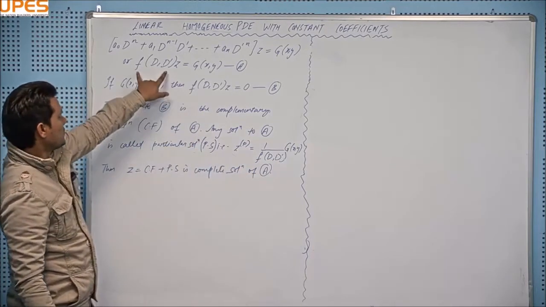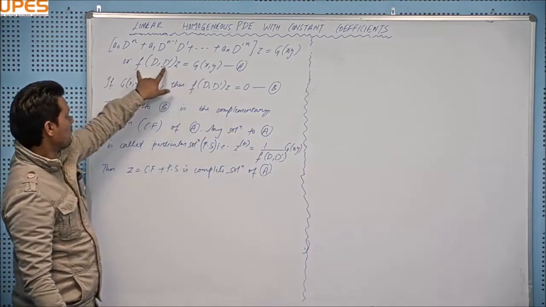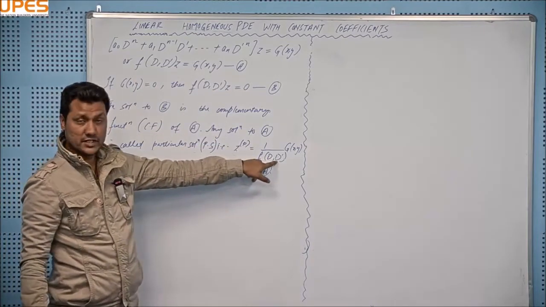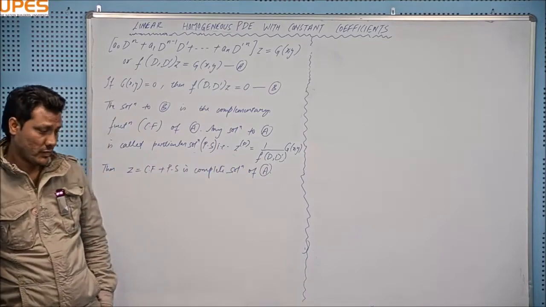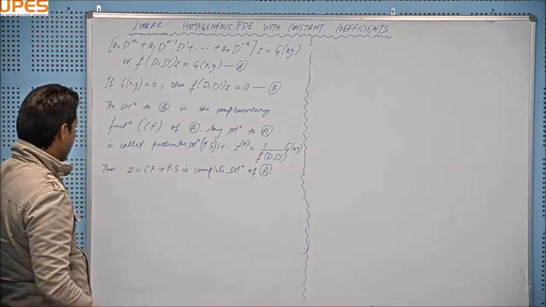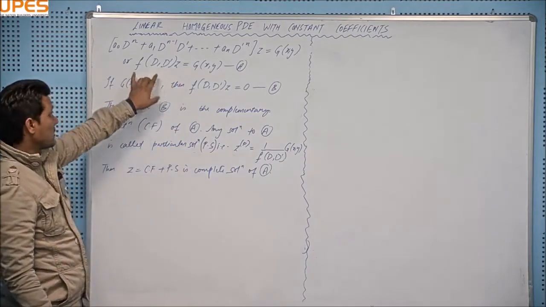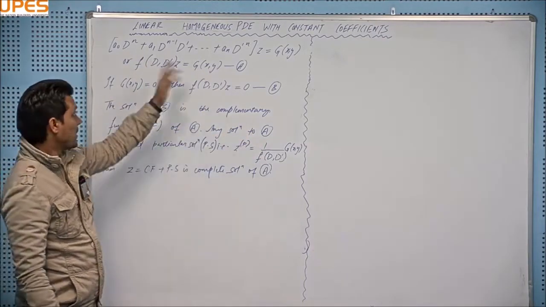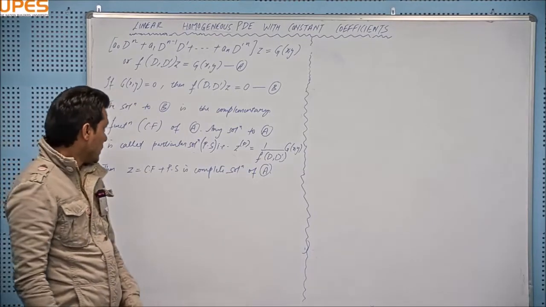Notice that this is an operator and it has been brought into the denominator here: 1 upon f(D, D'). It is treated as a single entity, and any algebra can be done over it, meaning you can bring this term anywhere. Although it is an operator, the good thing about it is that it can be brought anywhere as a reciprocal, or you can multiply it anywhere, and so on.